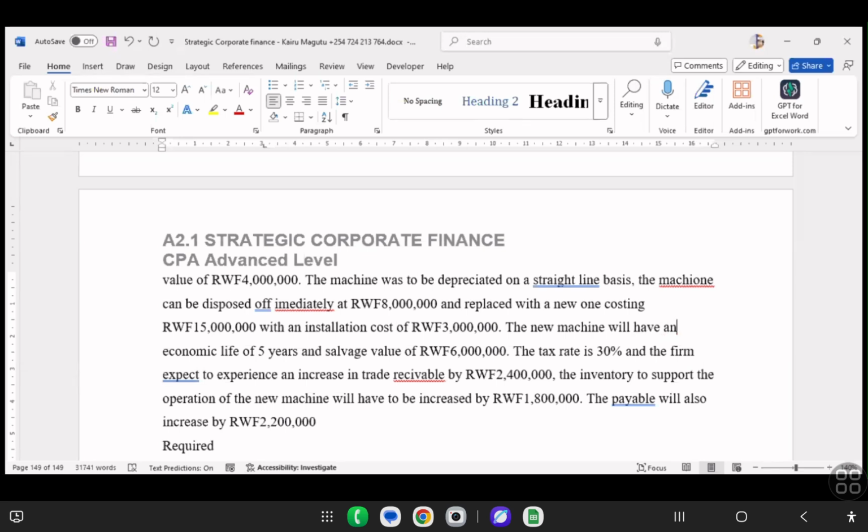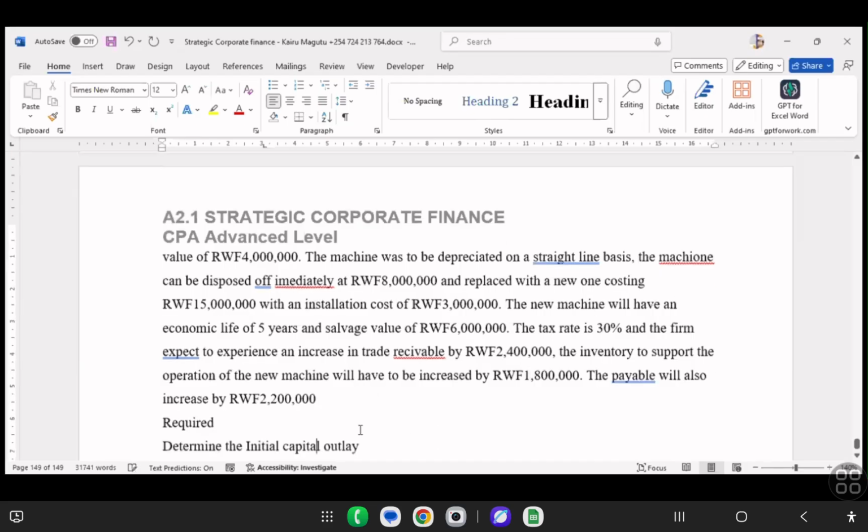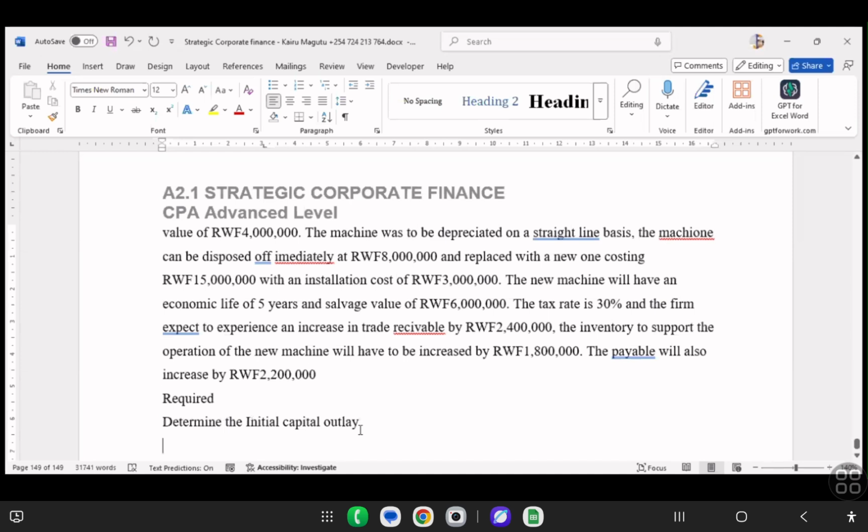The tax rate is 30%, and the firm expects to experience an increase in trade receivable by Rwandan francs 2.4 million. The inventory to support the operation of the new machine will have to be increased by Rwandan francs 1.8 million. The trade payables will increase by 2.2 million. Required, determine the initial capital outlay.